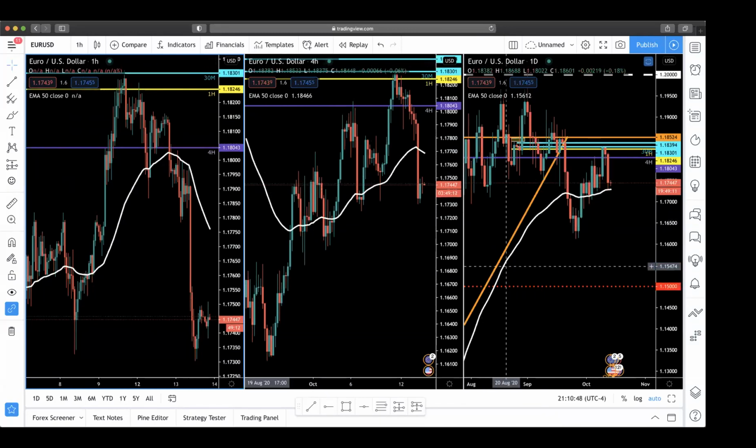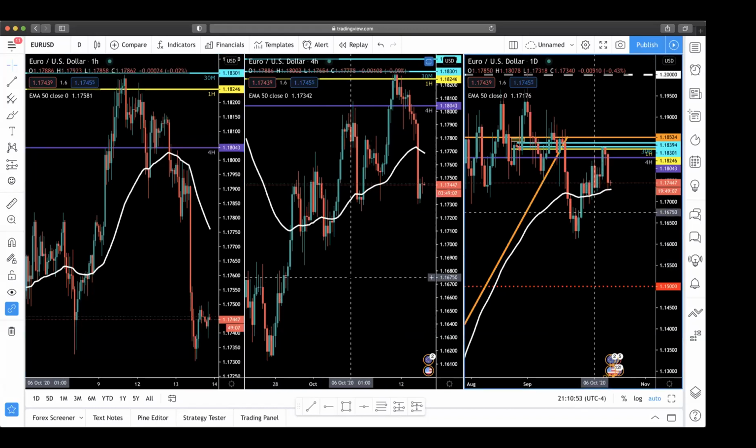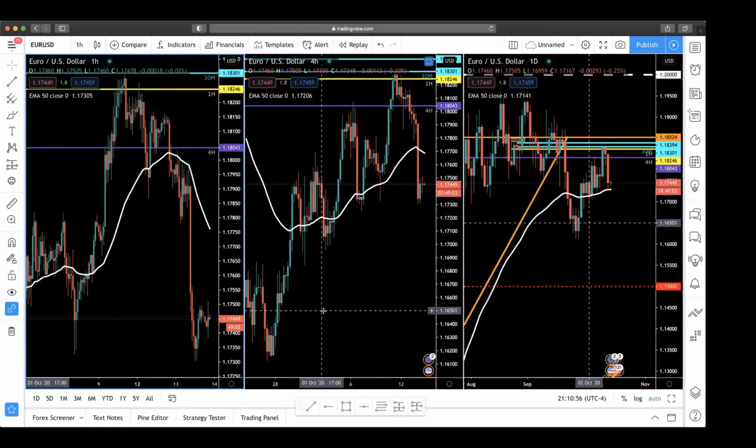All right, so this is triple screen, guys. I've got my chart to the right on the daily, my chart in the middle, the 4-hour, and my chart to the left, the 1-hour. What I'm looking for is where I can identify parts of the cycle the clearest.